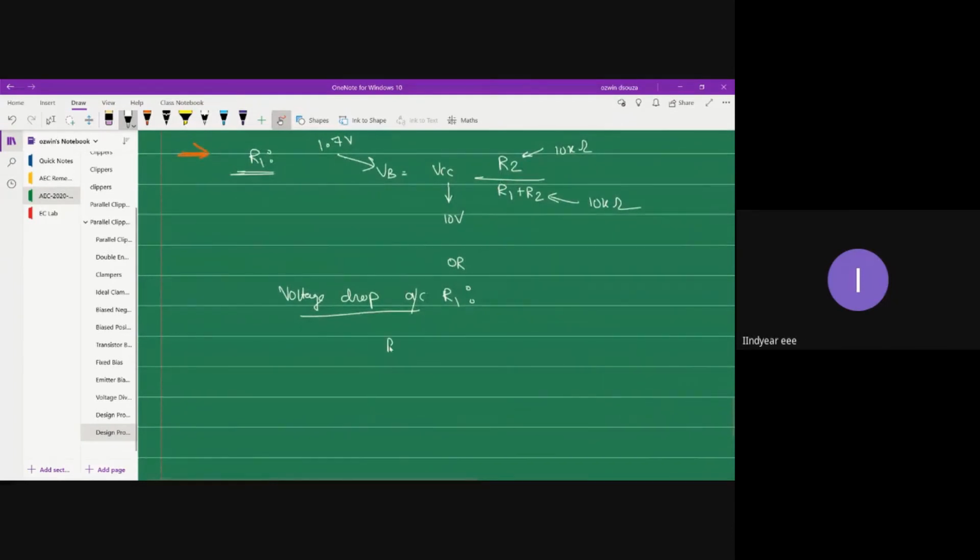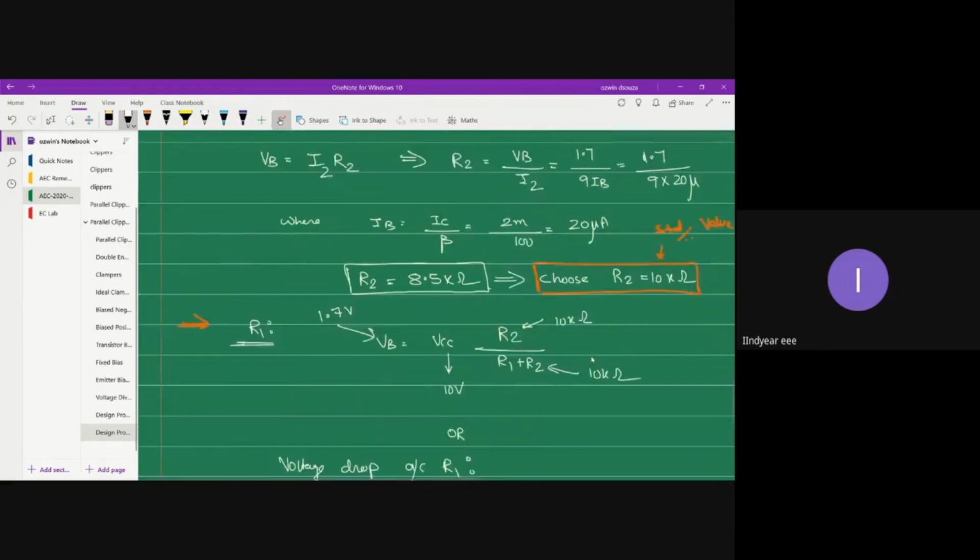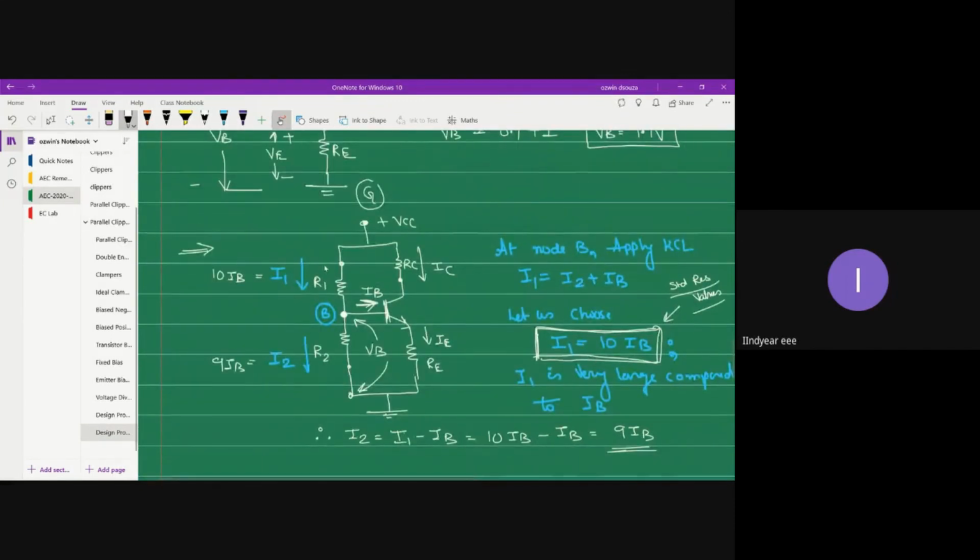Or resistance R1 is equal to voltage across R1 divided by current. Now, voltage across R1, if you see closely, since you know nodal analysis, that's the reason I'm telling you.